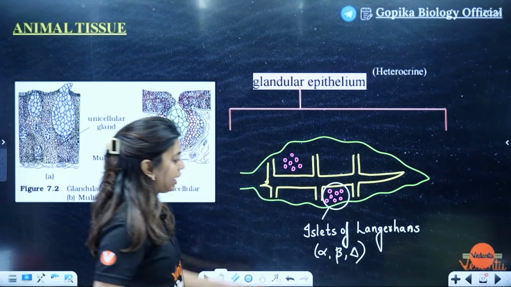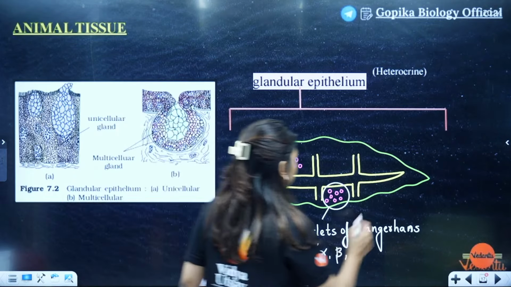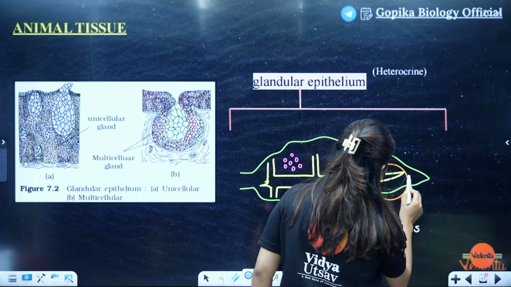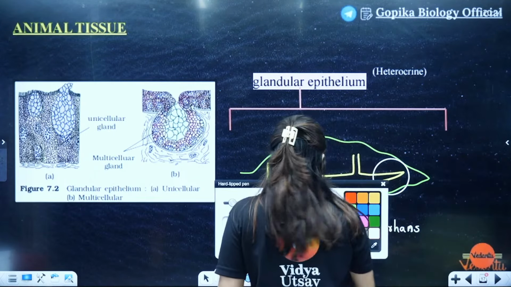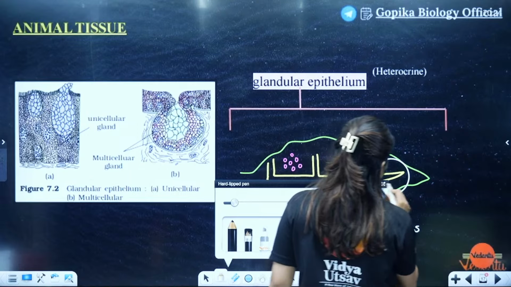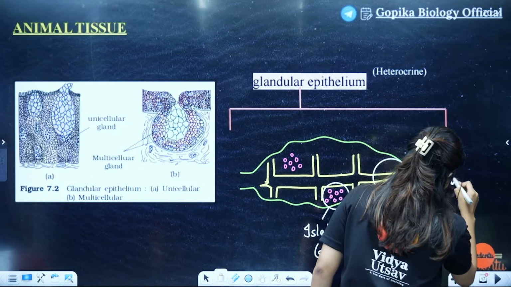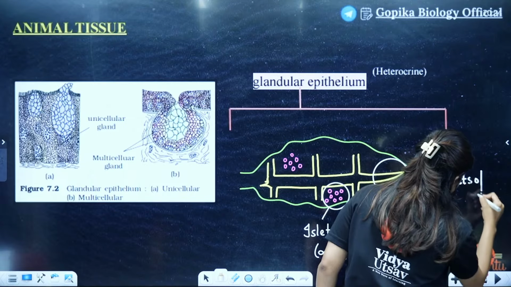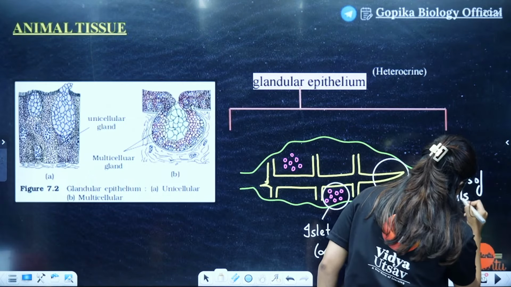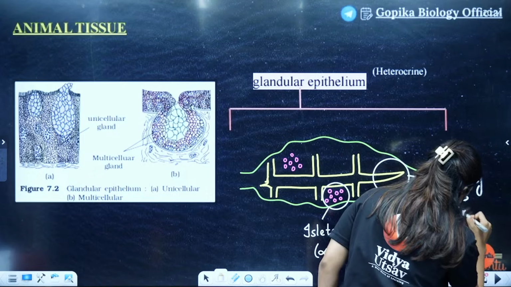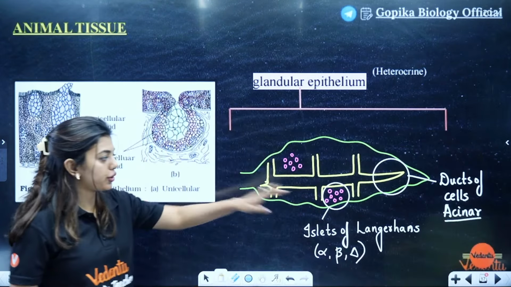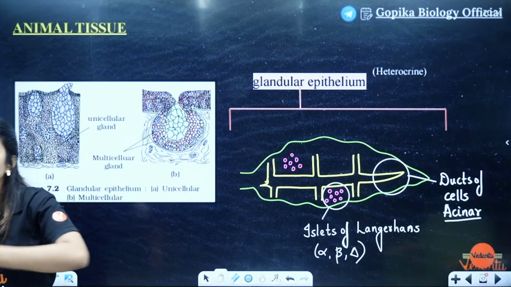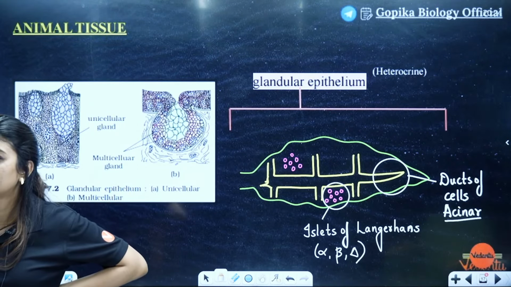Delta. So these have endocrine activity. Now here, the ducts of cells, this portion is going to be acinar cells. This is your exocrine part, where the pancreatic juice secretion happens. Clear to all of you? Yes or no?